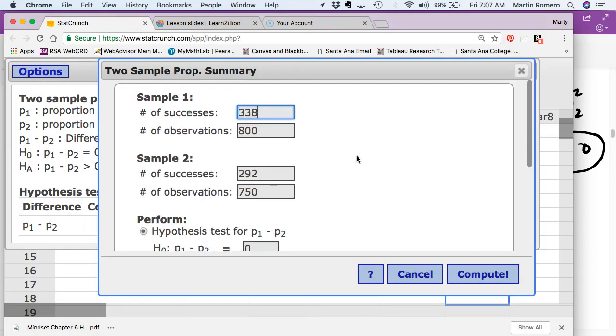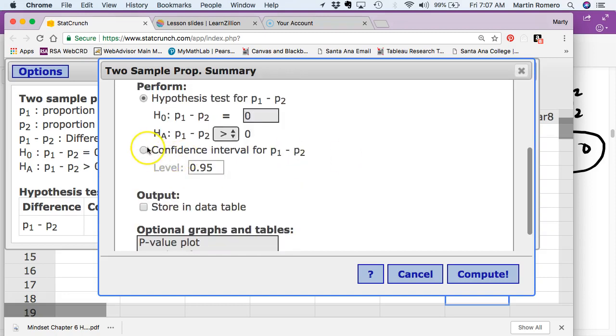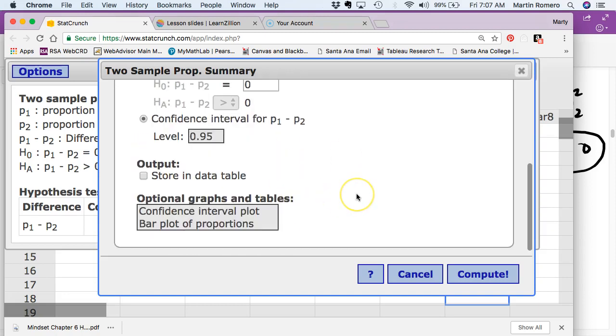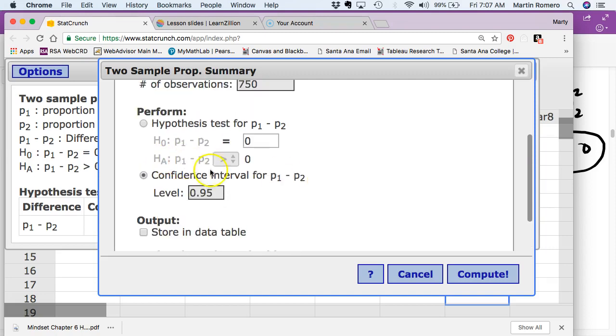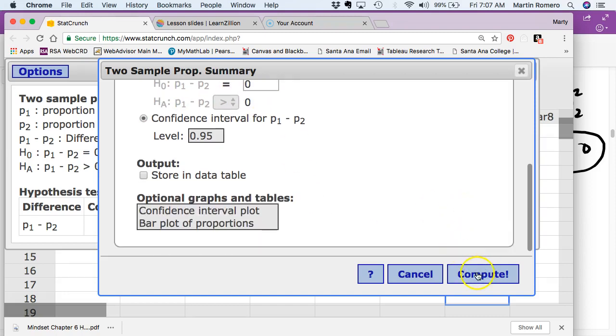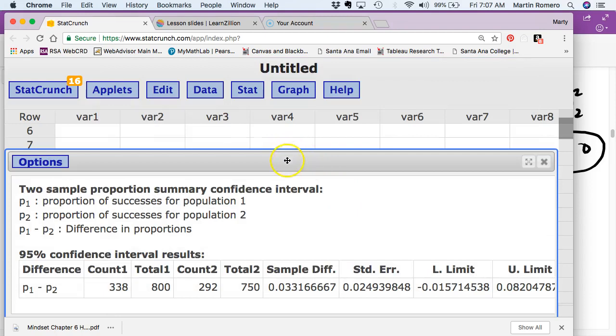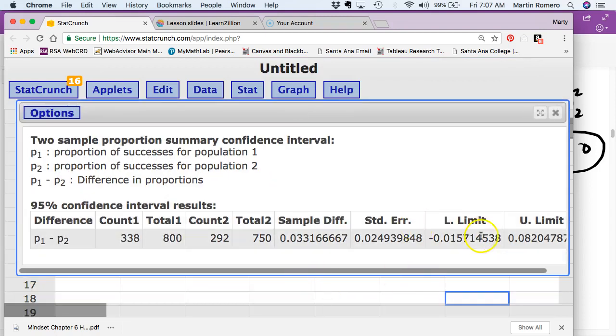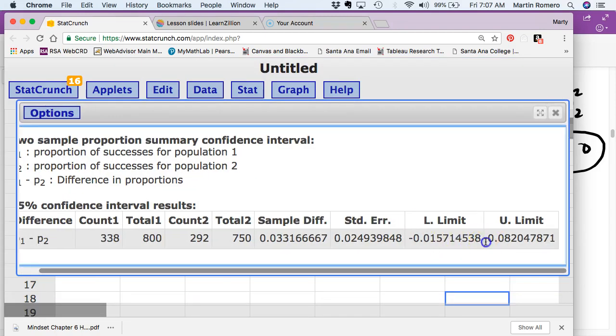Instead of running a hypothesis test, we can run a confidence interval and see whether the difference between these two is actually 0 or not. Remember, that's what the null hypothesis is. So you run a confidence interval, compute it, and you get two values, upper limit and lower limit.